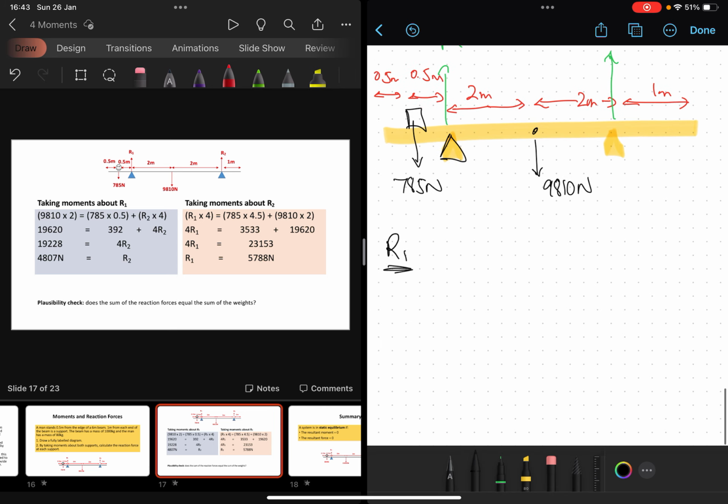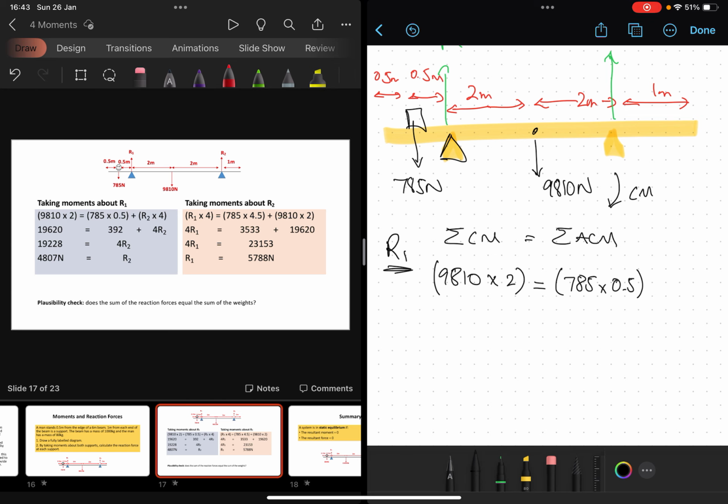At R1, the sum of the clockwise moments and the sum of the anti-clockwise moments are equal if the beam is in equilibrium. The clockwise moment is provided by the weight of the beam, 9,810, and it's 2 meters away from that first pivot. The anti-clockwise moment is provided by that 785 Newton weight, which is 0.5 meter away from the pivot.